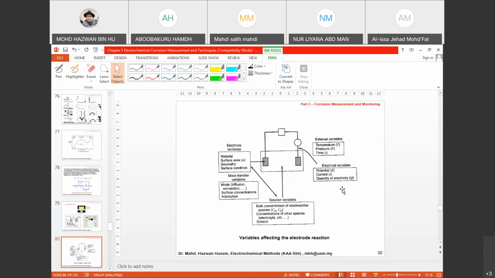The electrochemical process will be affected by electrode variables such as surface area, geometry, and surface condition, whether polished or not; mass transfer variables, whether the process has aeration or stirring or not; solution variables, due to the concentration of the electrolytes; external variables such as temperature, time and pressure; and finally electrical variables: the setup of the potential values, whether potentiostatic or not, current values, and the quantity of electricity or charge that you introduce.